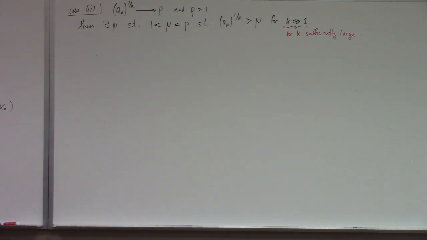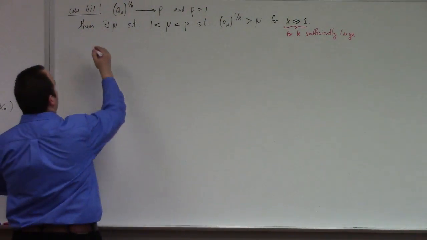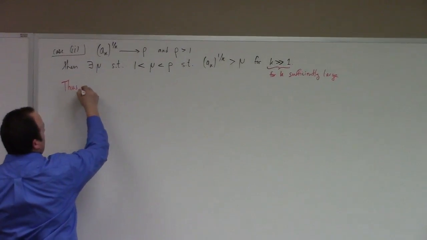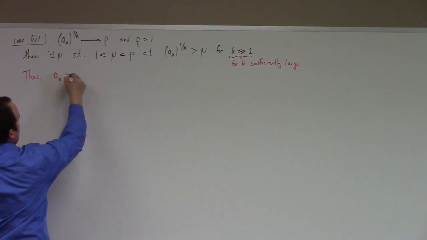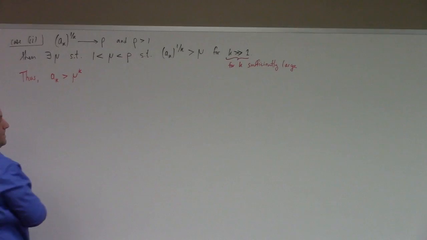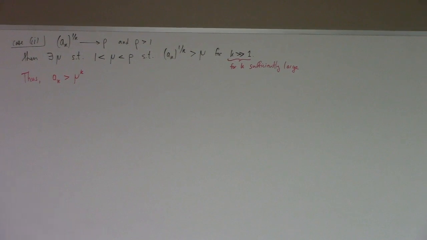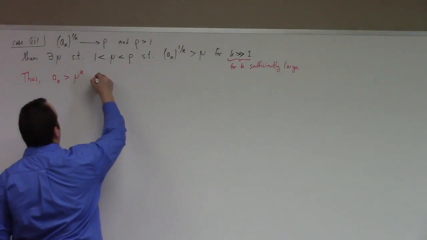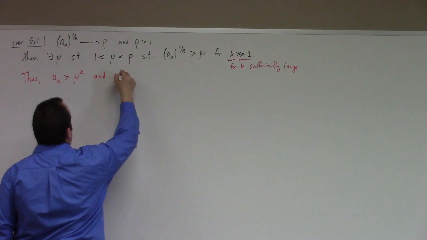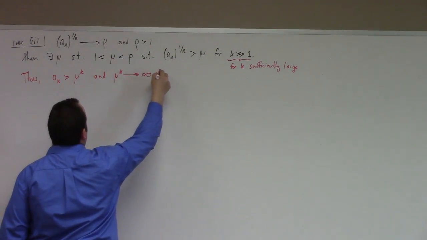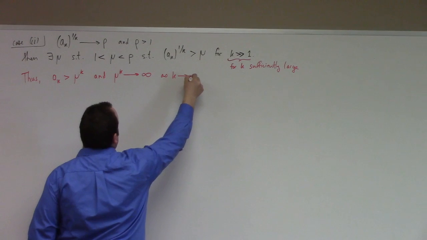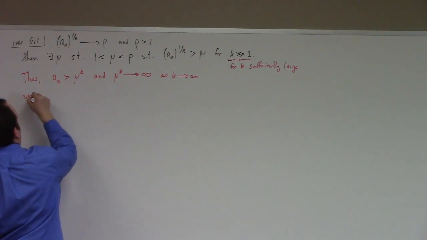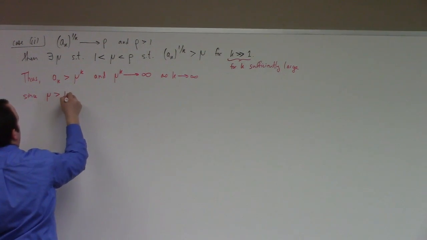Now, so then what do you have? A sub k is greater than mu to the k, right? And mu to the k goes to infinity as k goes to infinity, since mu is greater than 1.